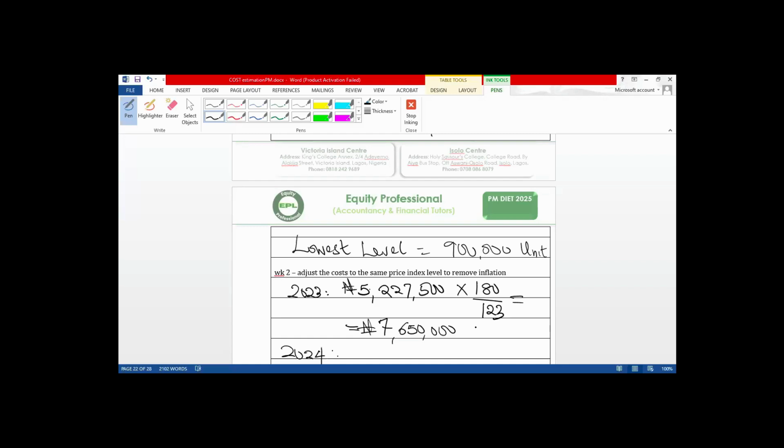But because the inflation is not the same, we need to adjust. Because we want to estimate cost for 2026, we have to use the 2026 inflation rate, the price level index.